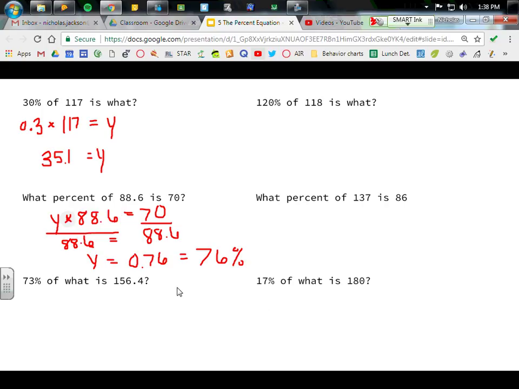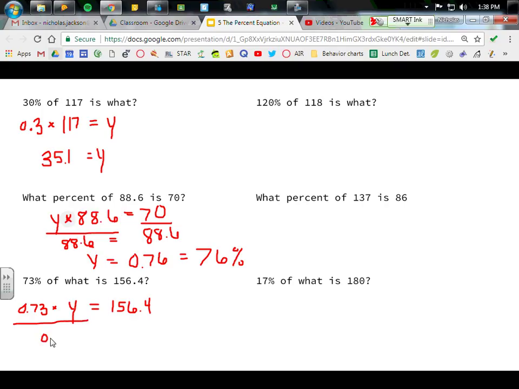All right. We'll do this last problem and we'll call it a day, because all these problems over here are similar structure to these. So 73% of what is 156.4? So 73 percent as a decimal would be 73 hundredths. Of becomes multiplication, what, give it a y, is our equal sign, 156 and 4/10.